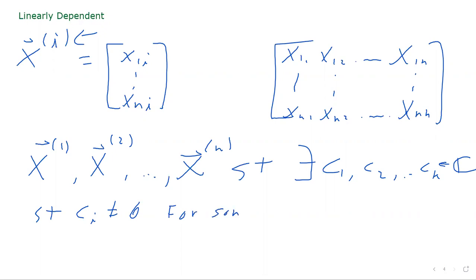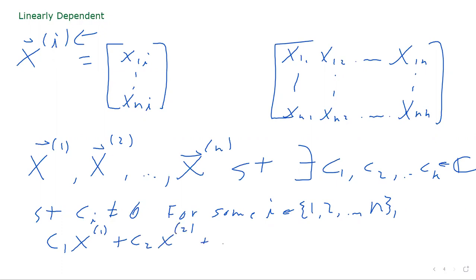For some i that's going to be in 1, 2, 3, 4 up to n, we have c1 x1 plus c2 x2 plus cn xn equal to the 0 vector.